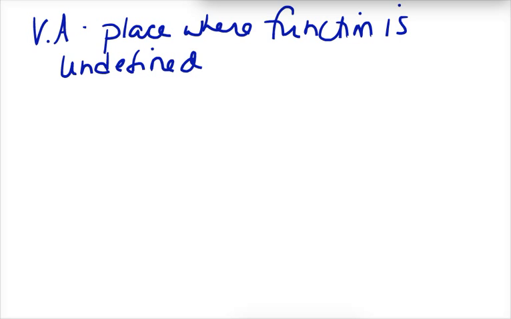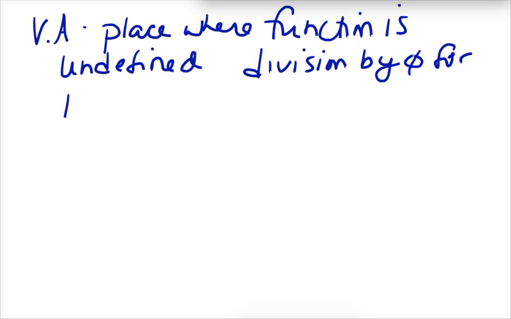You see them with division by 0 for rational functions. Okay, typically. So we're going to expand our understanding of vertical asymptotes. And instead of just setting the denominator equal to 0, you need to look at limits, okay?